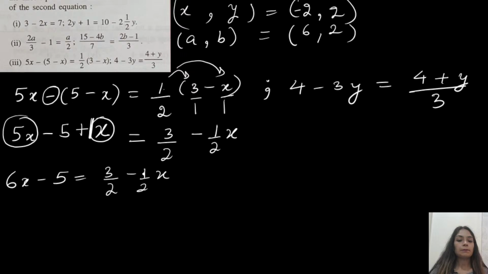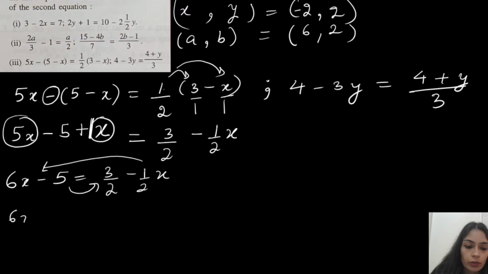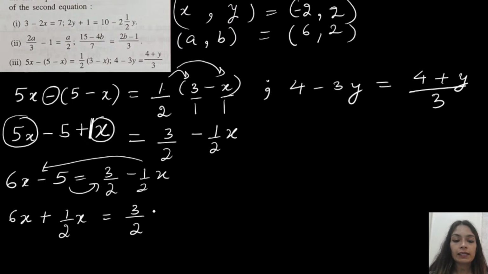Now again like terms we can shift, because on each side we don't have any like terms left to combine. So let us shift. This 1 by 2 x is with the 6, so I am shifting it to this side, and minus 5 let's shift to the other side. So it will become 6x. This minus 1 by 2, when I shift it to this side, will become plus 1 by 2 x, equal to 3 by 2. This negative 5, when we shift to the other side, will become positive 5.